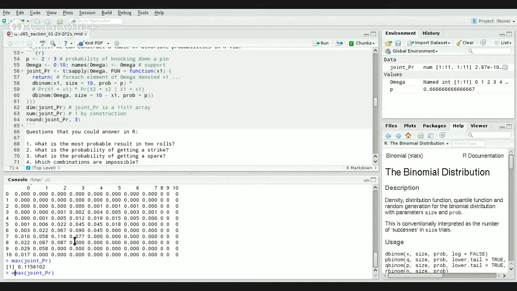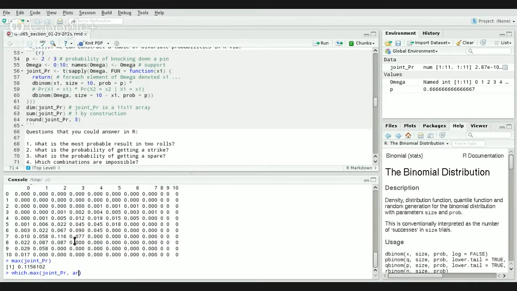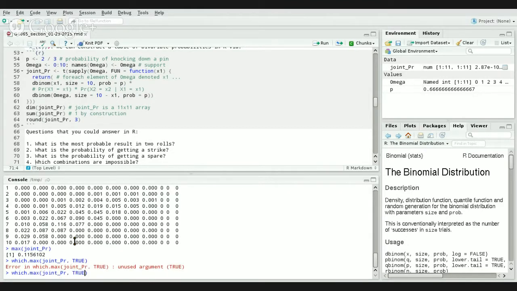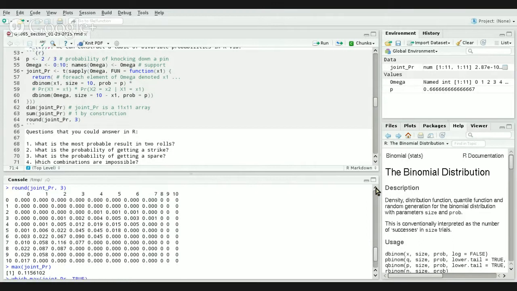We could also use the which.max function with the argument arr.ind = TRUE, which tells us that it is the 30th element of this 11 by 11 array that has the maximum value of joint PR.